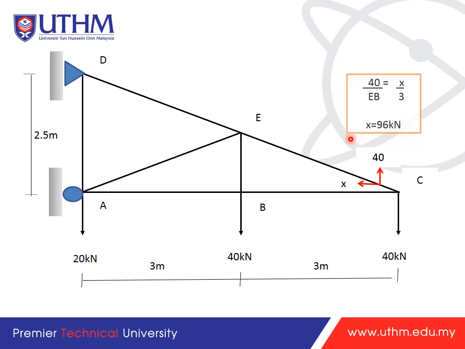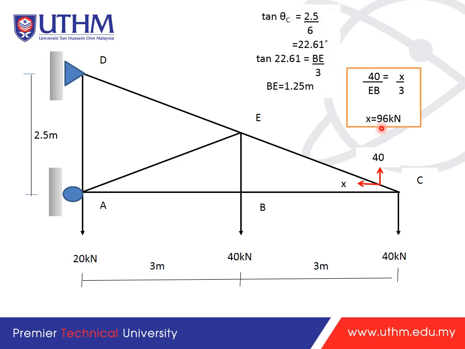From here, 40, which refers to this one, divided by EB, because in the y direction this is the length of EB, equals x over 3, which is this one. From here we get x is 96 kilonewton.